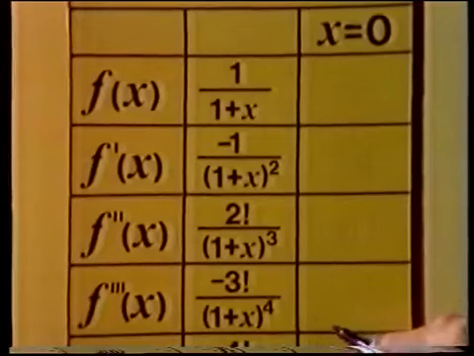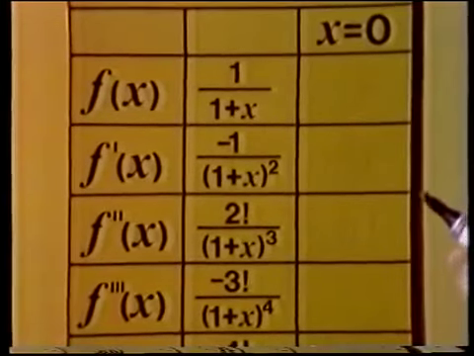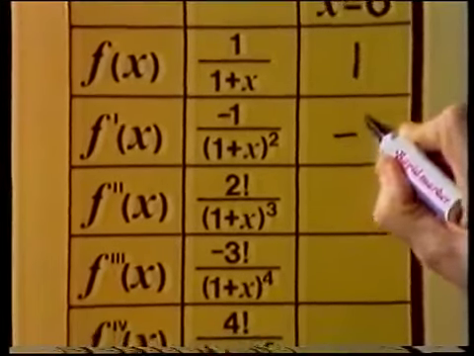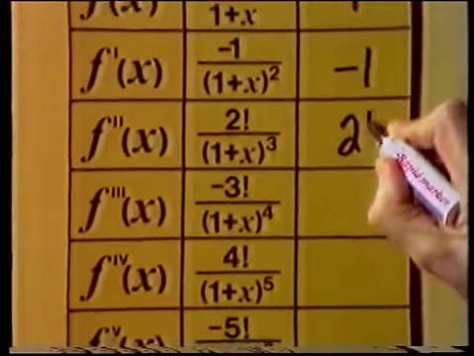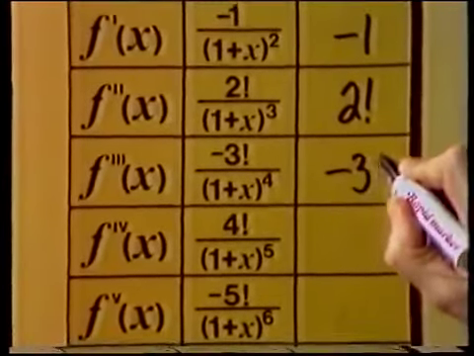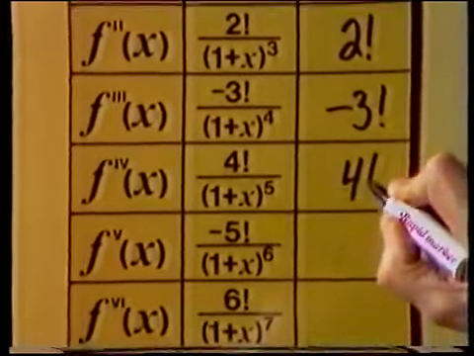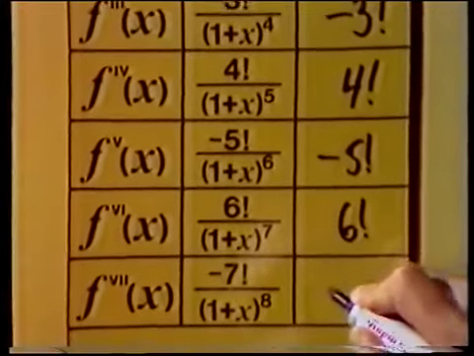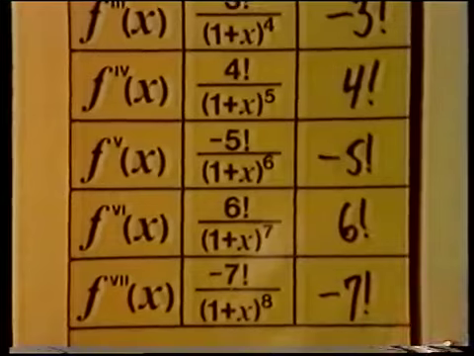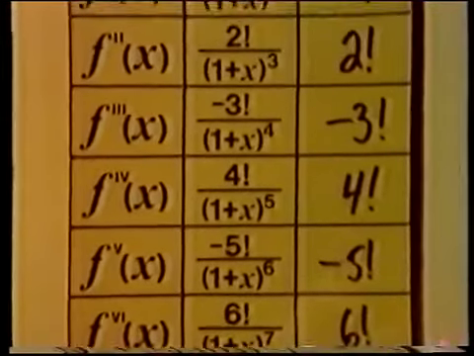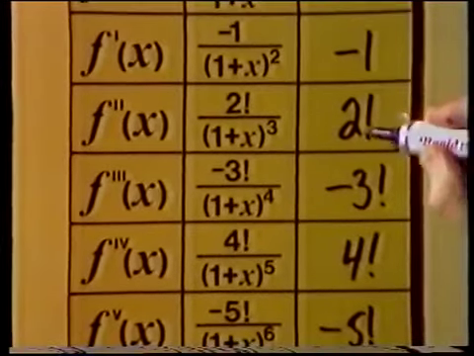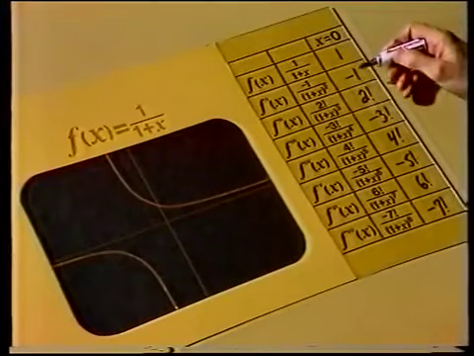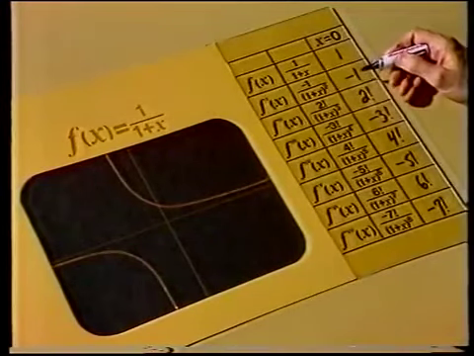And if we evaluate these at the point where x is equal to 0, we obtain 1, -1, 2 factorial, -3 factorial, 4 factorial, -5 factorial, 6 factorial, and -7 factorial. Now, look at this derivative pattern. We have 1, 2, 3, 4, 5, 6, 7 with factorials, and the signs alternate, minus and plus, after the first term.